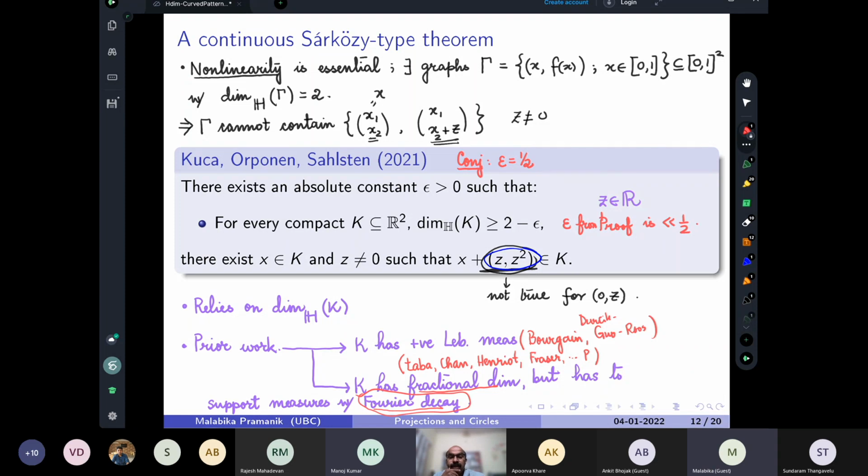So the work of Kuca, Orponen, and Sahlsten can be viewed as maybe the first progress in getting rid of that roadblock, because they assume Hausdorff dimensionality alone and use the spectral gap as a substitute for the Fourier decay assumption. And then they prove that Hausdorff dimensionality alone will guarantee measures with spectral gap. Yeah. Okay. So in that sense, it is a strengthening of our past result with Isabella Laba and others.